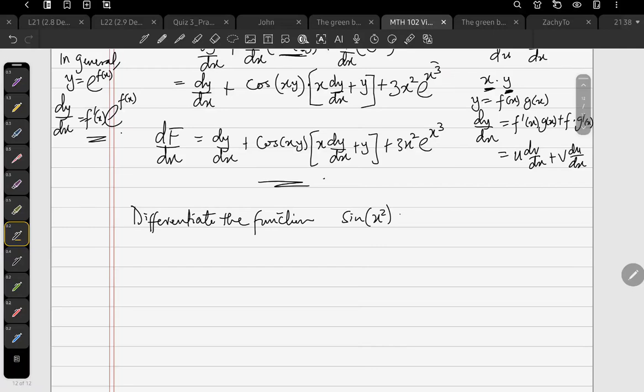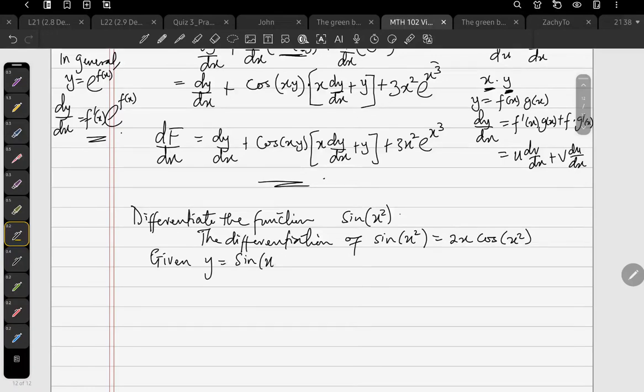We would just say that the differentiation of sine x squared is 2x cos x squared. But if you're told, given y equals sine x squared, find its derivative, then we can say that dy/dx is equal to 2x cos x squared.